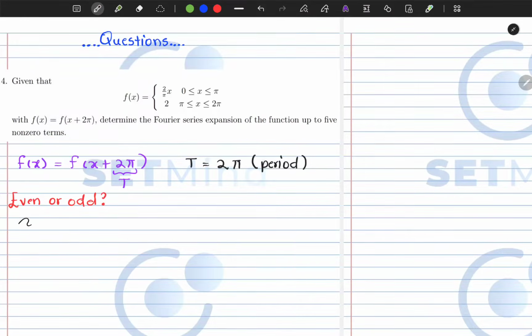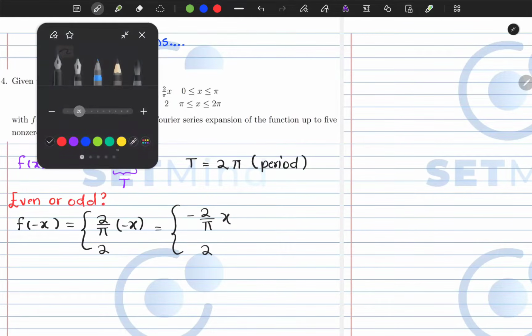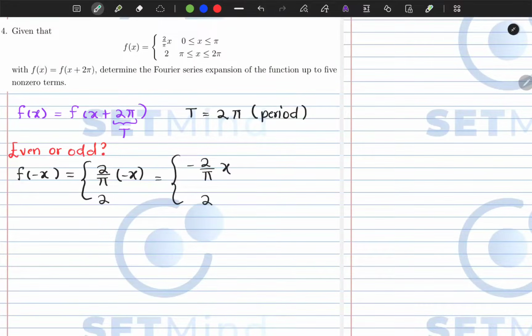If we look at it, it has two parts. So if we do f of minus x, we'll end up having 2 over pi multiplied by negative x, and then the other aspect is 2. So it will end up being negative 2 over pi times x, but we have a 2. So this function is not the same as multiplying the entire function by a negative, which would look like negative 2 over pi times x minus 2.